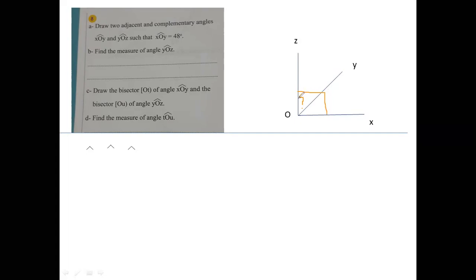In order to get the measure of this angle ZOY, we should subtract XOY, which is 48 degrees, from the mother angle XOZ. So YOZ is equal to XOZ minus YOX, which is 90 degrees minus 48 degrees, equal to 42 degrees.